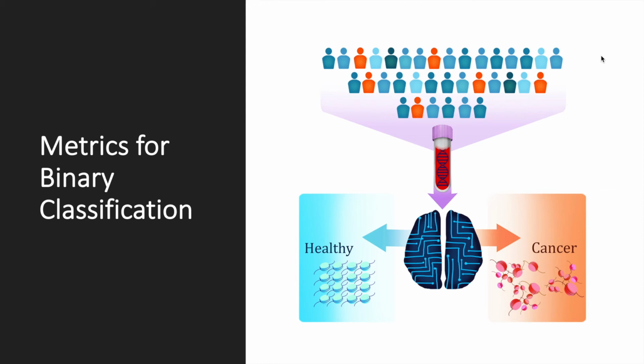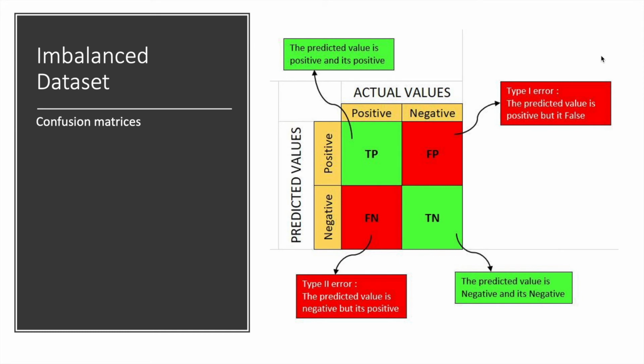While this is a particularly drastic example, the consequences of false positive and false negative are rarely the same. So let me give you an example. One typical problem in classification data sets is that one class is much more frequent than the other. And that is what we call an imbalanced data set.